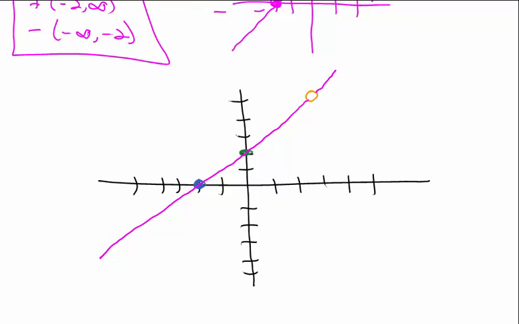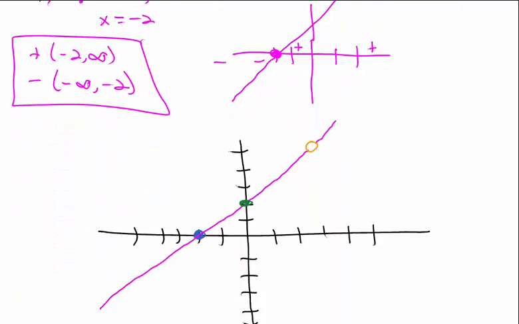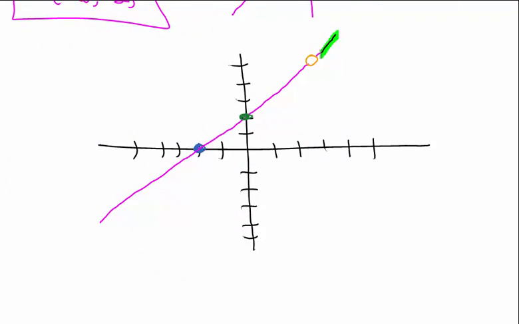But that kind of makes sense because this whole time we were making our graph, we said we were going to focus on the part that was left after we reduced. What was left after we reduced was x plus 2, and so what's left in our graph is the line x plus 2. We just have to account for the hole that we divided out.